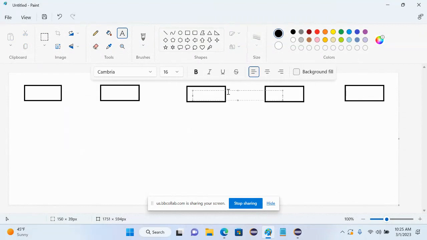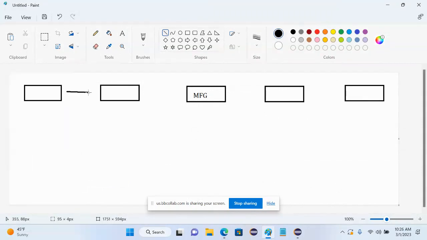So here in the middle, we have the manufacturer. So I'll call him MFG, manufacturing. And the value chain's going this way.